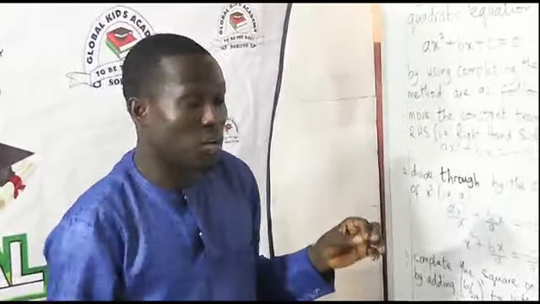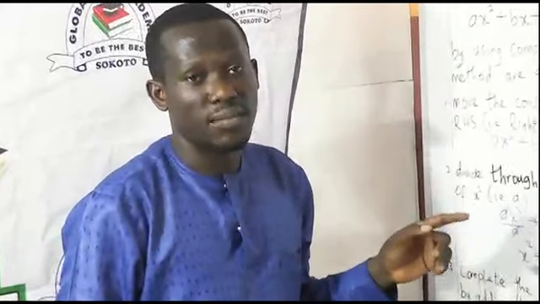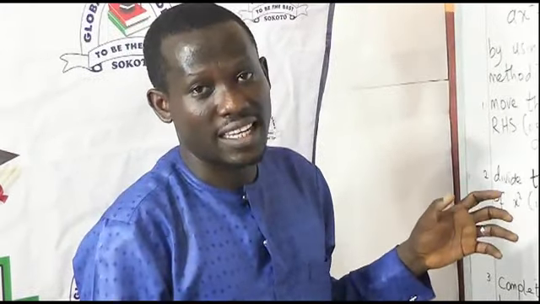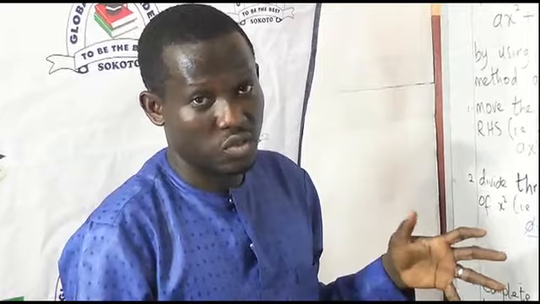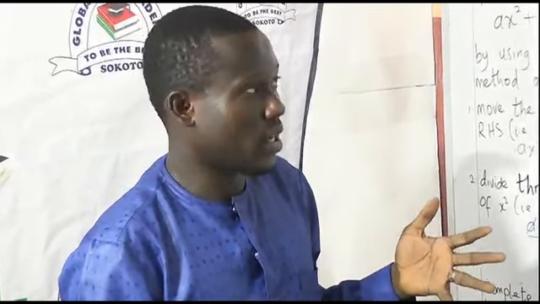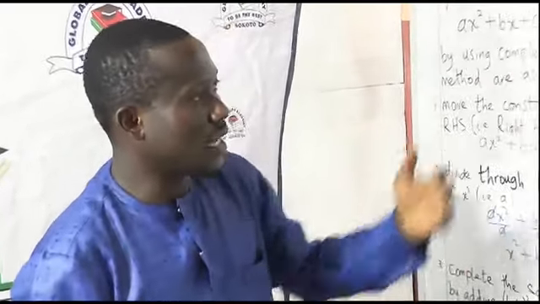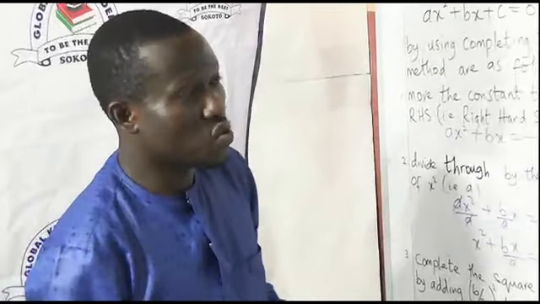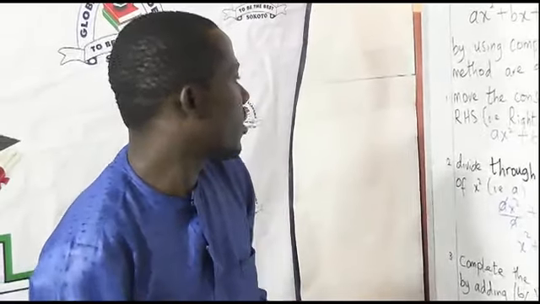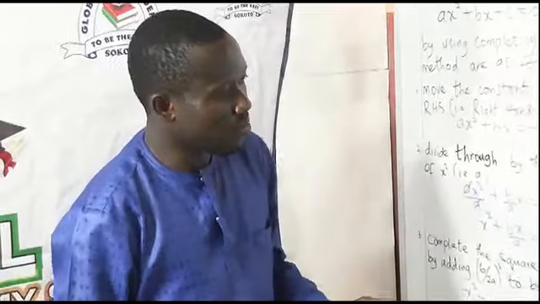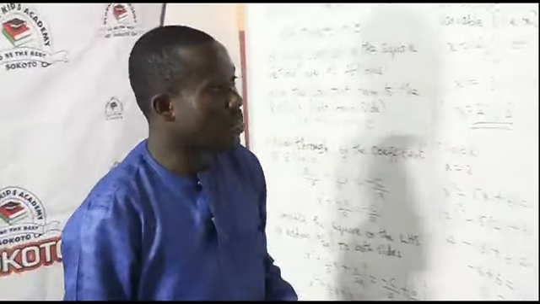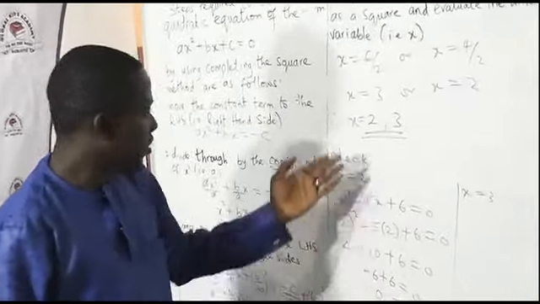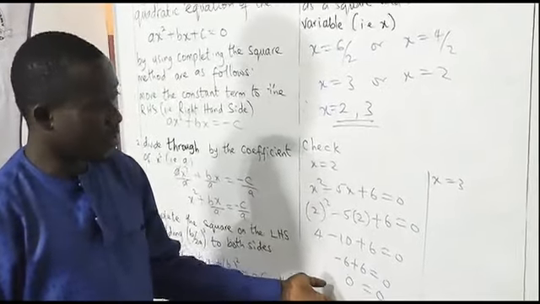The reason why you add that term is to make that expression on the left-hand side to be written in form of a square. And after you've gotten that in form of a square, then the next is to evaluate the unknown. We've solved some examples and we've gotten our answer, and we've also checked that the answer is correct for x equals to 2 for the second example.